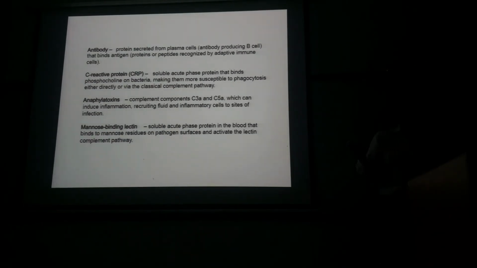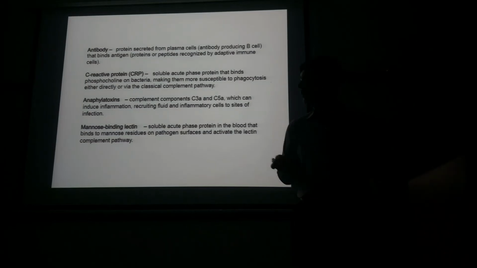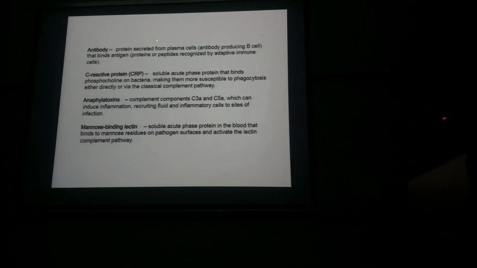You know about antibodies. These are proteins secreted from plasma cells like antibody-producing B cells that bind antigens, proteins or peptides recognized by the adaptive immune cells. C-reactive protein is a soluble acute phase protein that binds phosphocholine on bacteria, making them more susceptible to phagocytosis, either directly or through the classical complement pathway.